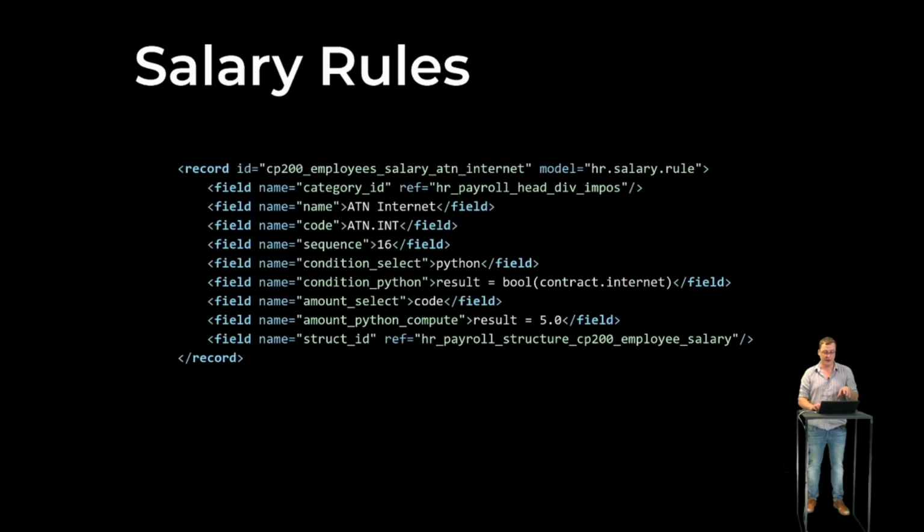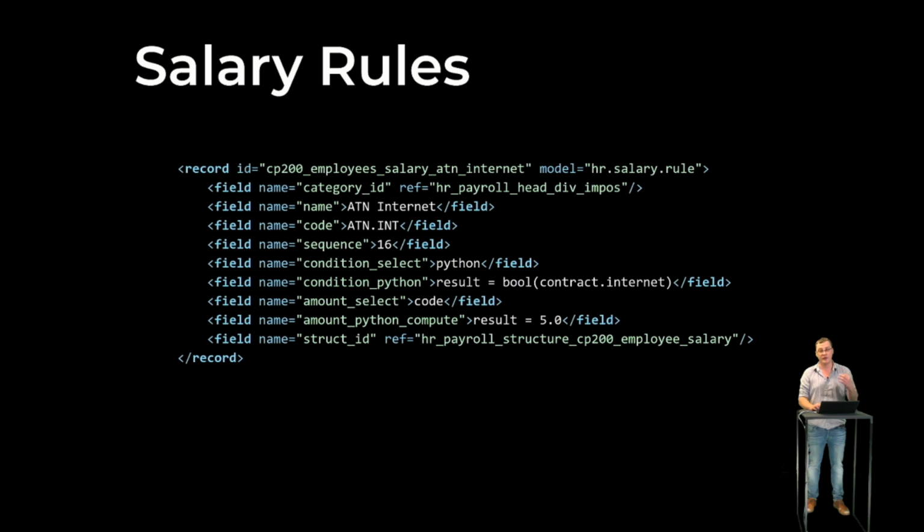So we saw the structure type, the structures, now the salary rules. Here we have a salary rule belonging to the category Miscellaneous Taxable with a name and a code. The name is l10n internet, the code is a code, and a sequence in the payslip lines.